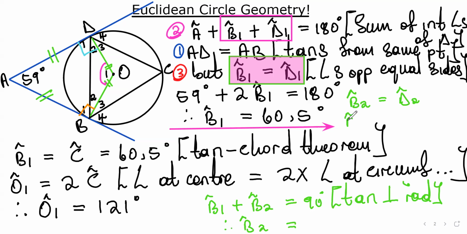Then you can take B2 and add it to D2 and add it to O1 and set this equal to 180. The sum of interior angles of a triangle, then you can find O1. So you decide which way is the best in business.